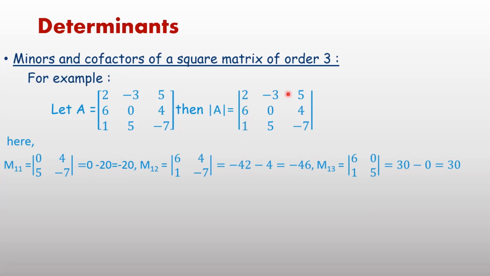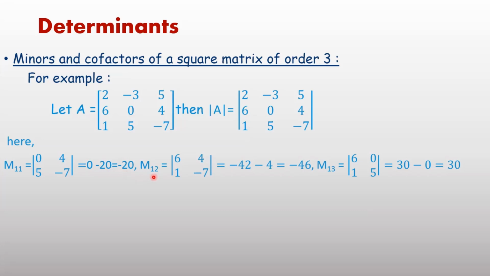What remains? These 4 elements remain: 0 4 5 and minus 7. Determinant of order 2 we have already covered. 0 into minus 7 is 0, minus 5 into 4 is 20. 0 minus 20 equal to minus 20.